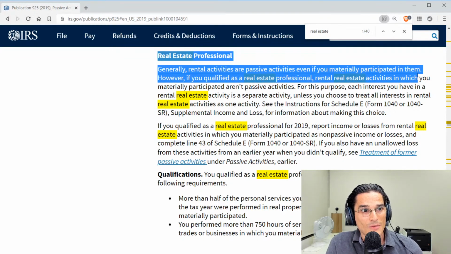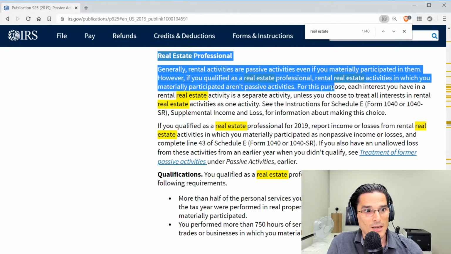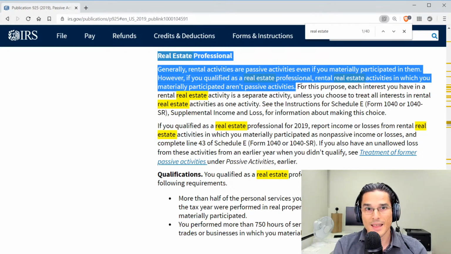However, if you qualified as a real estate professional, rental activities in which you materially participated aren't passive activities. All right. So now we're avoiding that brick wall between non-passive and passive if we can meet the criteria to be a real estate professional, which are stringent, not easy. All right. Don't just think that because you watched a few YouTube videos on real estate, you're a real estate professional. It's not going to cut it.